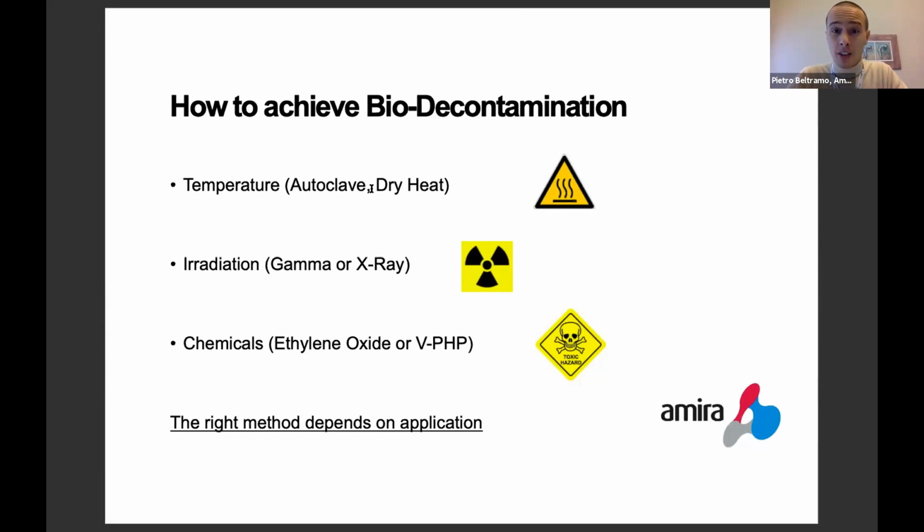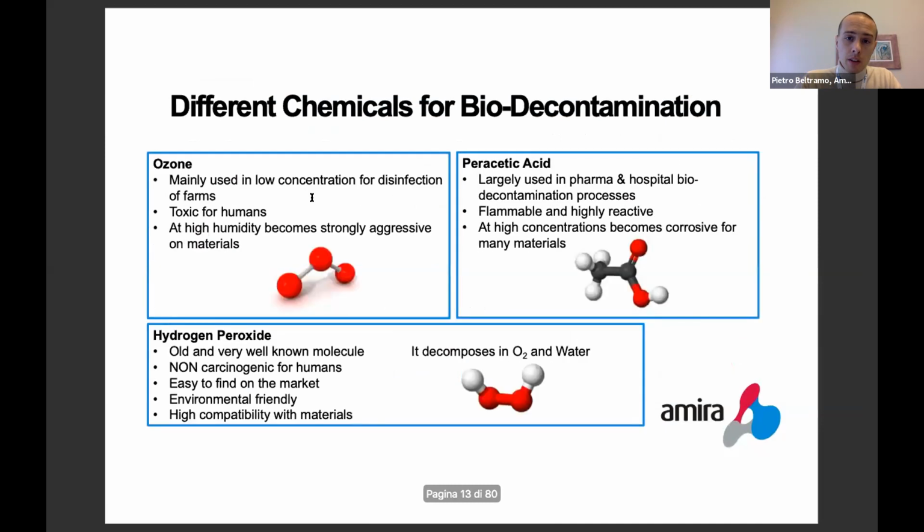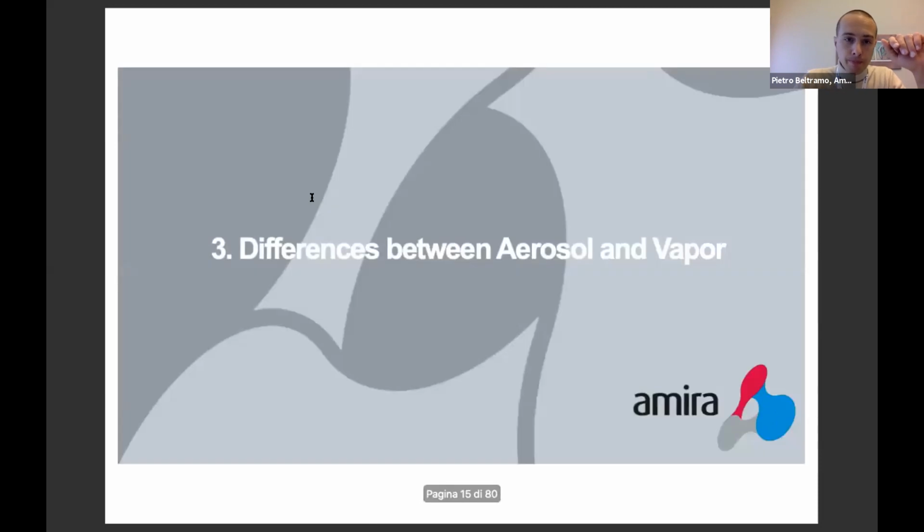So dry heat or the autoclave, the temperature method, doesn't fit the room. Same with gamma radiation. That doesn't mean that the autoclave is not good, it's the best, but for some applications you cannot use it. Same from my point of view for this story: some applications are not good for the fogging system, and VHP is better.